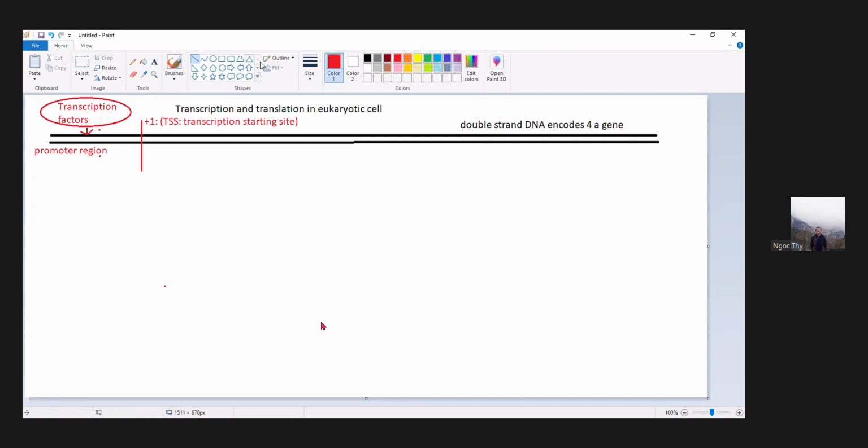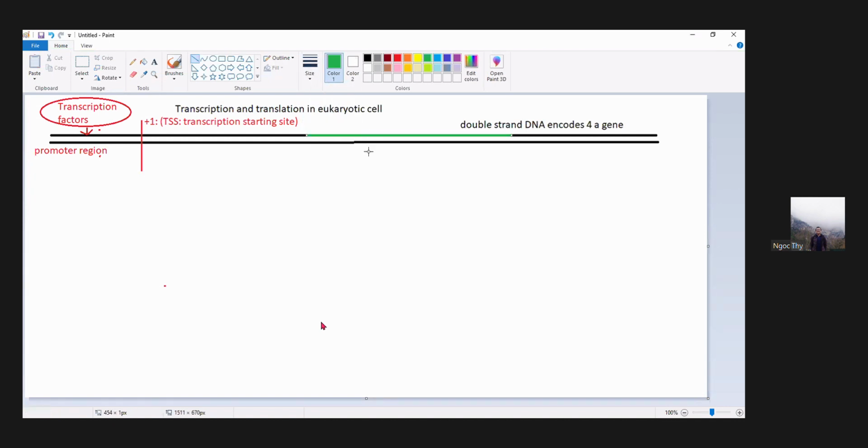Different from the gene in the prokaryotic cell, in the eukaryotic cell we have an intron.